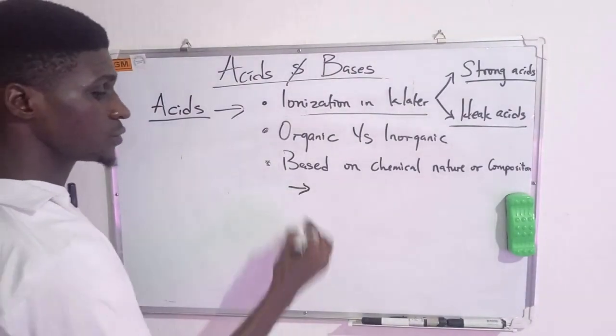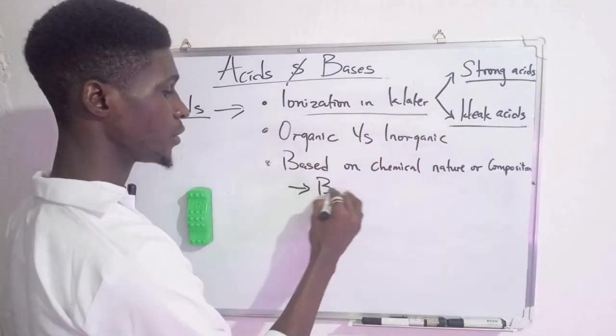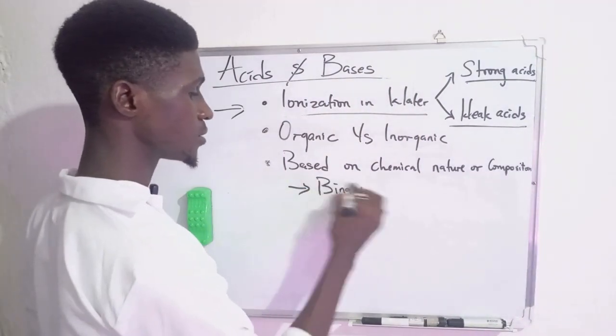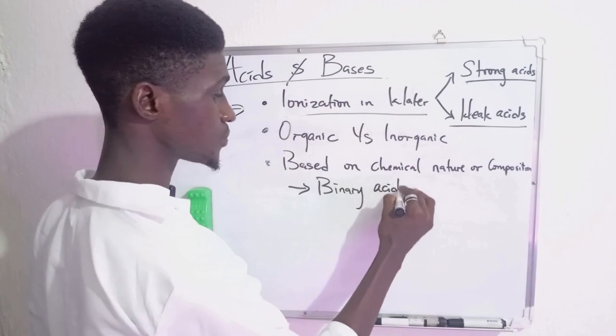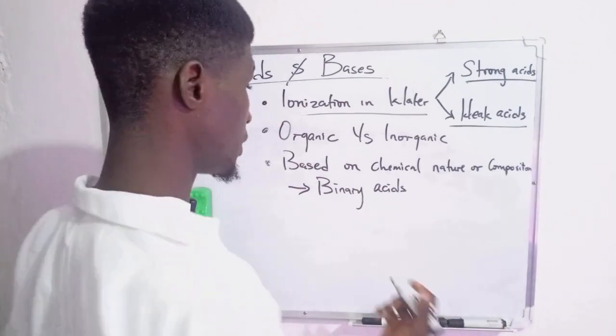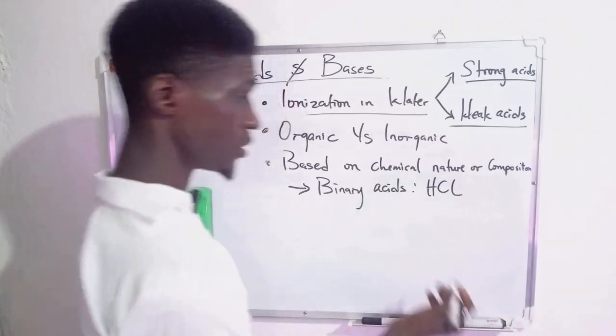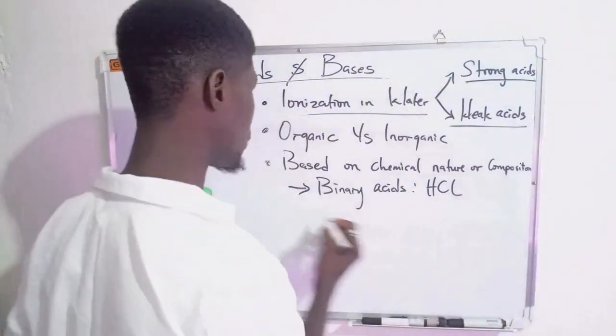We have the binary acids, which are just made up of 2 elements chemically combined together. Example is HCl, just hydrogen and chlorine.